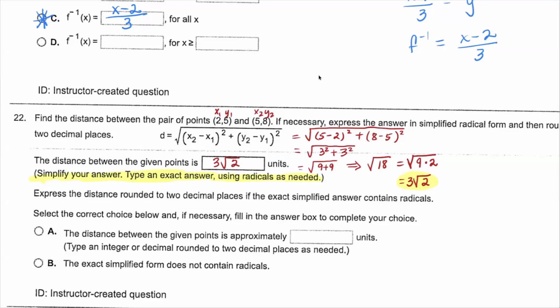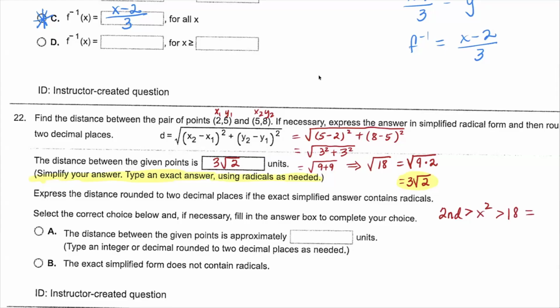Then it says, express the distance rounded to 2 decimal places. This is when you want to put it in your calculator. You want to take the square root in the calculator of 18. And how do you do that? Well, you press the second key, and then you press the x squared key, and then you put your 18 in there, and then you press the equal button.